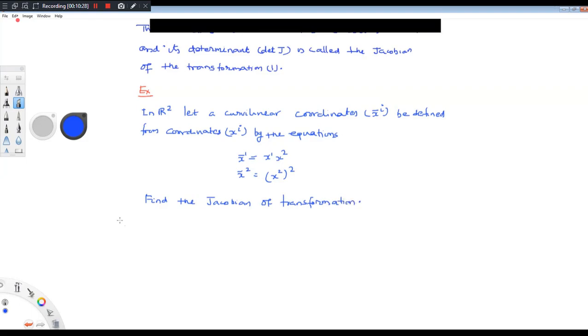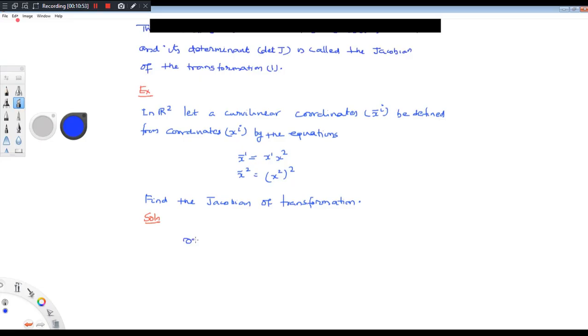So what do you need? You need the partial derivatives. I write del x bar 1 by del x1; from del x1 what will you get? You get x2.